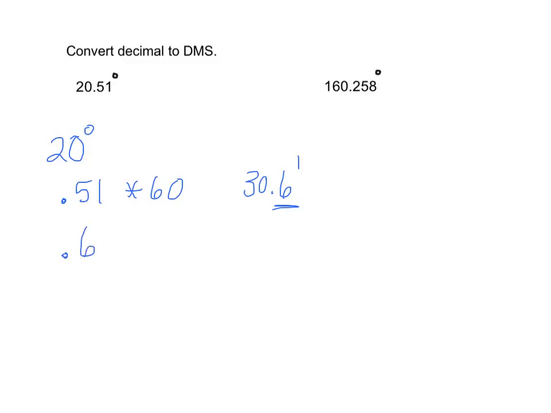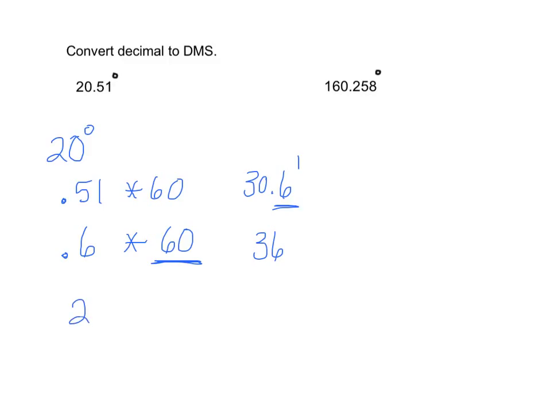So I'm going to do 0.6 times. Now this is where it's different, because I am not taking parts of degrees, I'm taking parts of minutes. So this, once again, is 60. So 0.6 times 60, and some of you are doing this in your head because you're awesome, is 36.